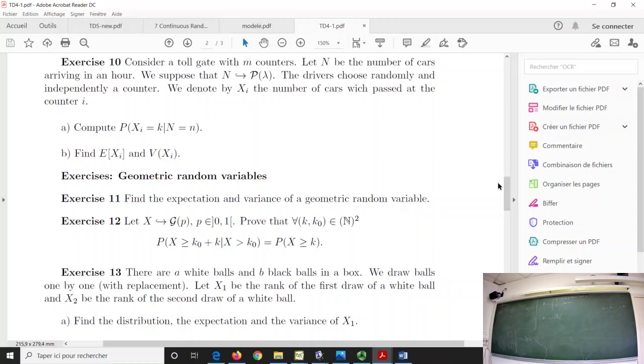I choose 1 among n, randomly. It's a Bernoulli of parameter 1 over m. I choose, I don't, I choose, I don't. The probability that I choose the counter I am interested in, that is one single counter, over the total number of counters, that is small m. So I have a Bernoulli of parameter p.